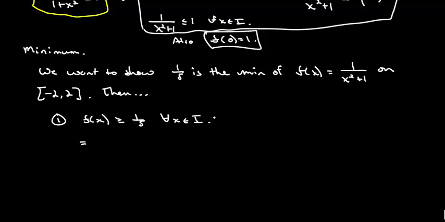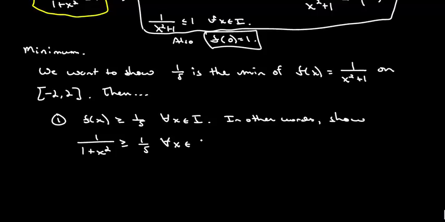Okay, so we need to show, in other words, that 1 over 1 plus x squared is greater than or equal to 1/5 for all x on the interval -2 to 2.